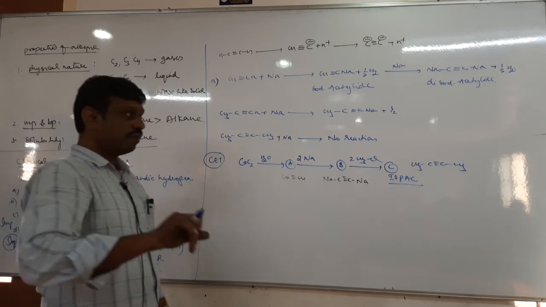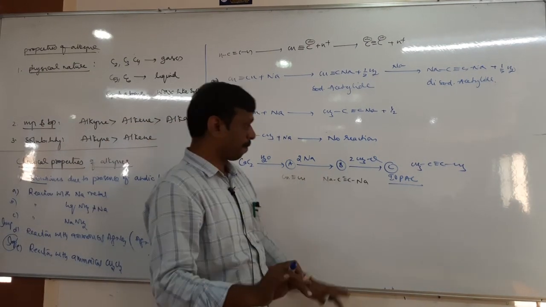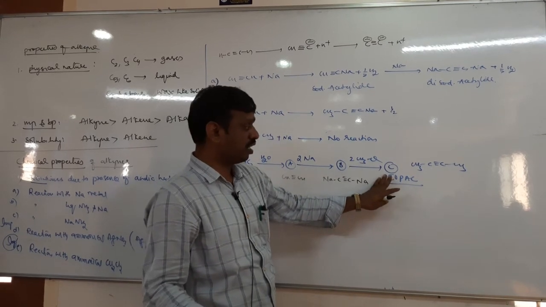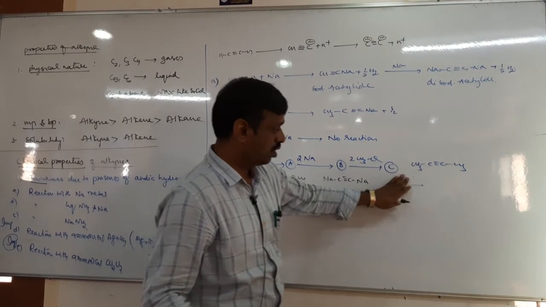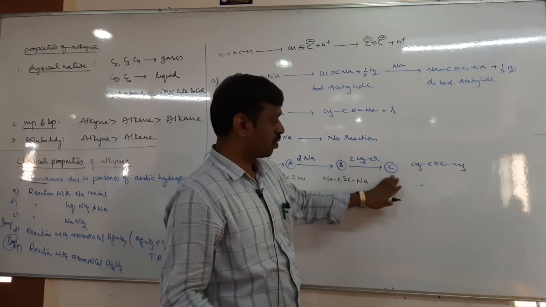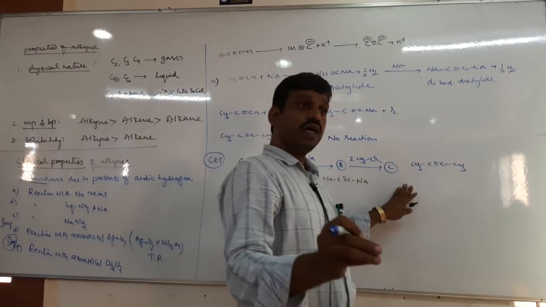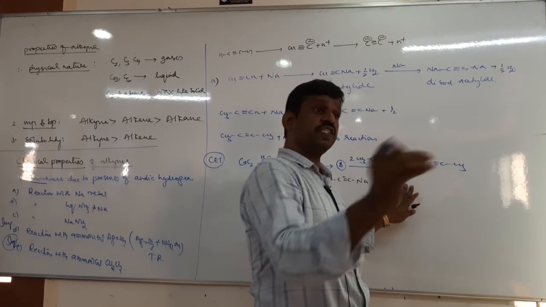Okay. Sometimes they may ask a question like this. The equation is like this. Instead of the IUPAC name of C, if they ask, C is the product, which is the positional isomer of C?